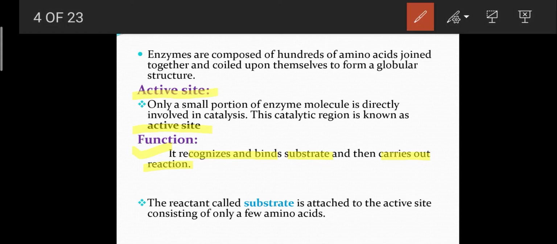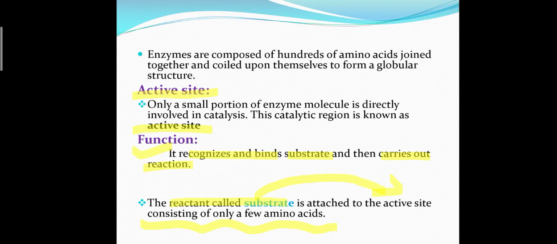As we described earlier, reactants are called the substrate, and the substrate is attached to the active site, consisting of only a few amino acids. So active sites are those sites on which substrates are attached and then the reaction proceeds.